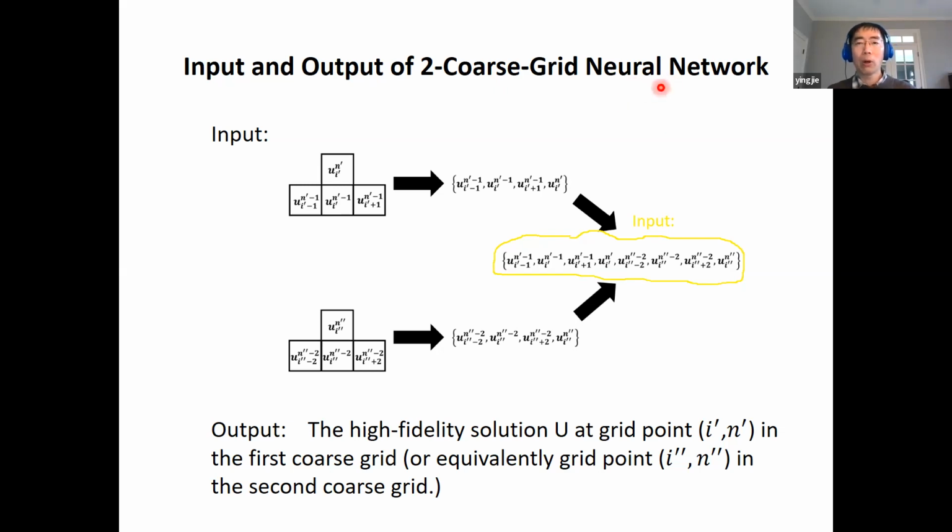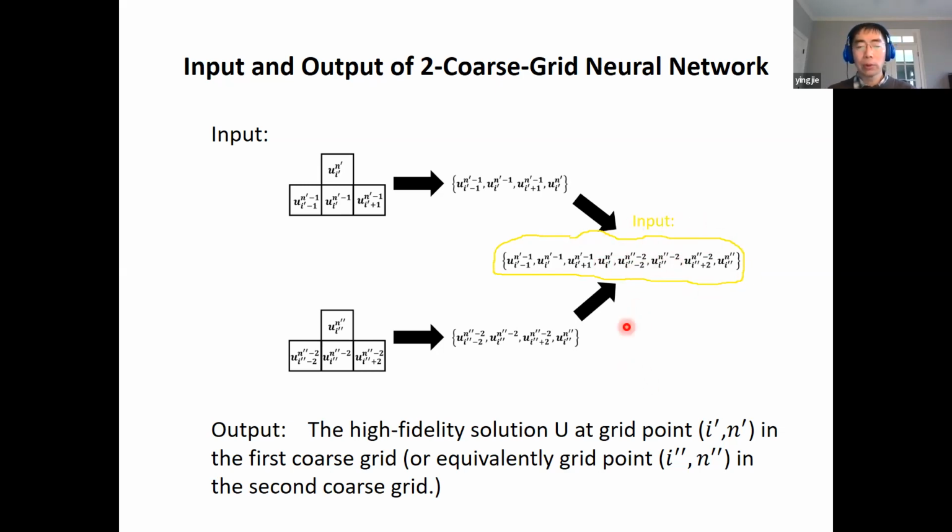So the only difference is the input. The only novelty we have made is the input. We have done nothing to the neural network. So the input consists of 2 numerical solutions, one computed from the original mesh and one computed from a refined mesh.